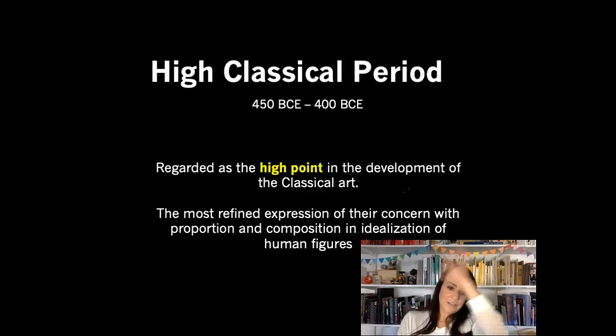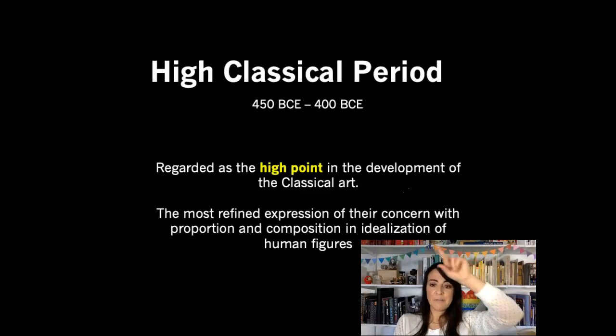Okay, go back to this definition here. A high classical period, 450 to 400, regarded as the high point in the development of the classical art and the most refined expressions for their concern with proportion and composition in idealization of human figures.